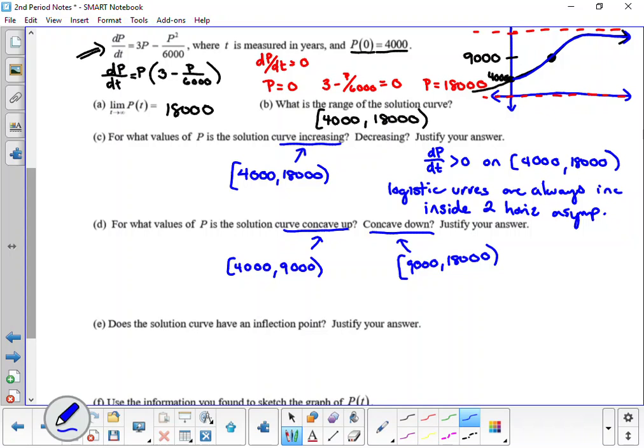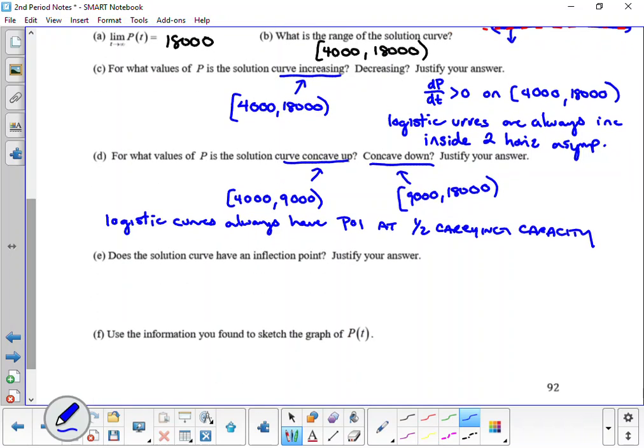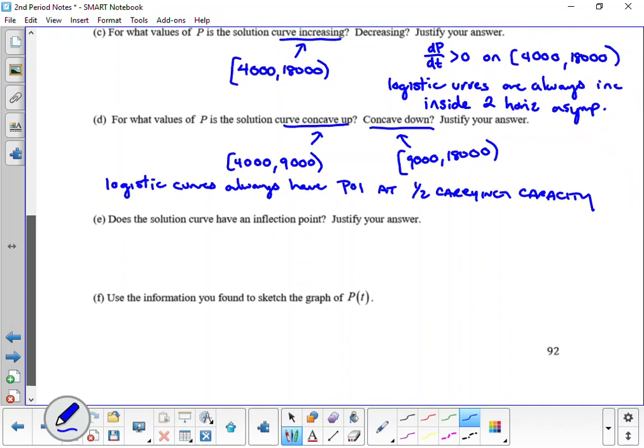And if you want to justify your answer by logistics, you could say logistic curves always have a point of inflection at half the carrying capacity, 9,000. You can do it however you want to. You can have it or you don't have to have it.